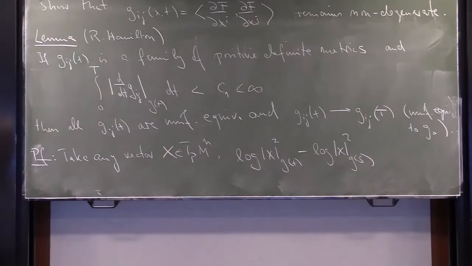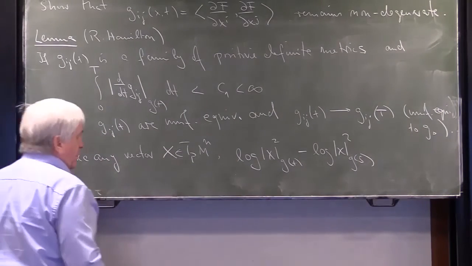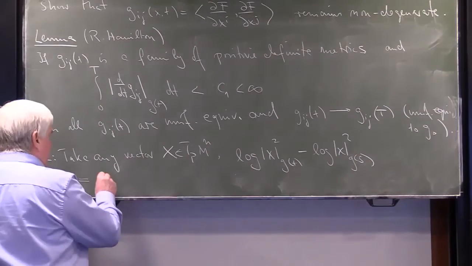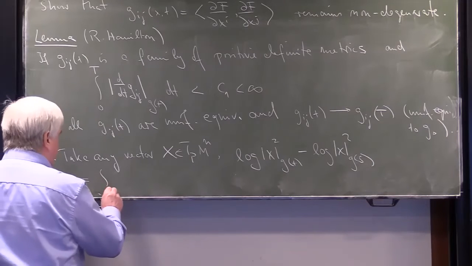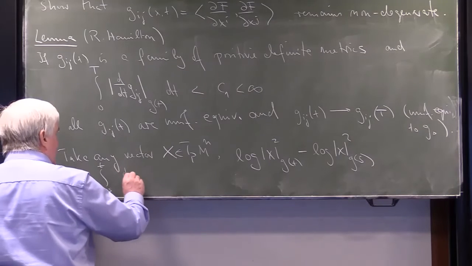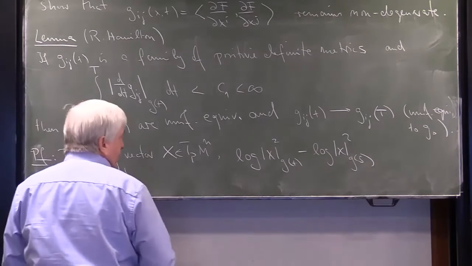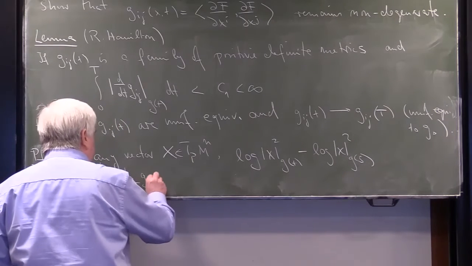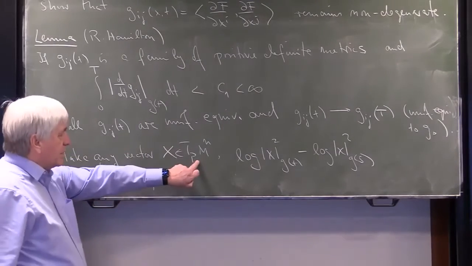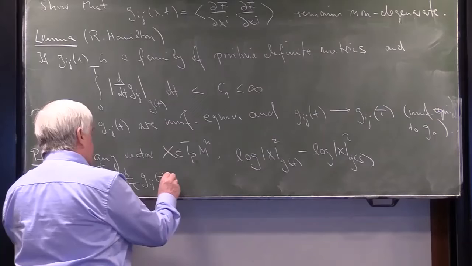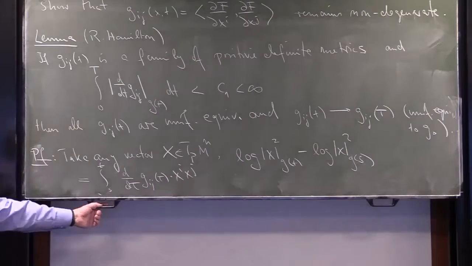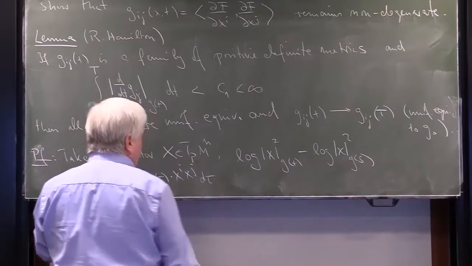Now, by the fundamental theorem of calculus, we can write this as an integral from s to t of d/dτ of gij(τ) at this tangent space times xi, xj, which are not dependent on τ, times dτ.